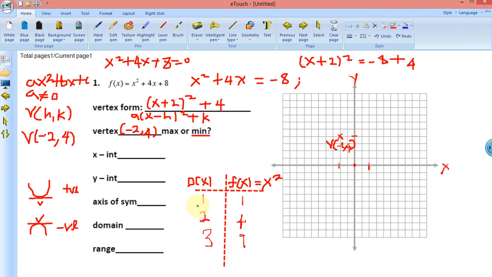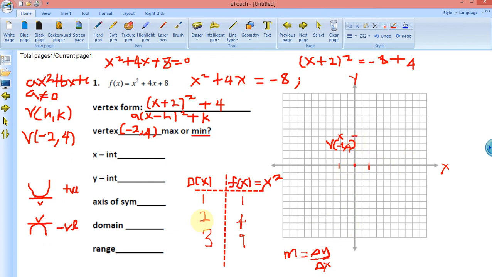Normally, if you remember in transformation, your gradient in a linear function is the change in y over the change in x. Your x moves either to the left or to the right, and y moves up or down.